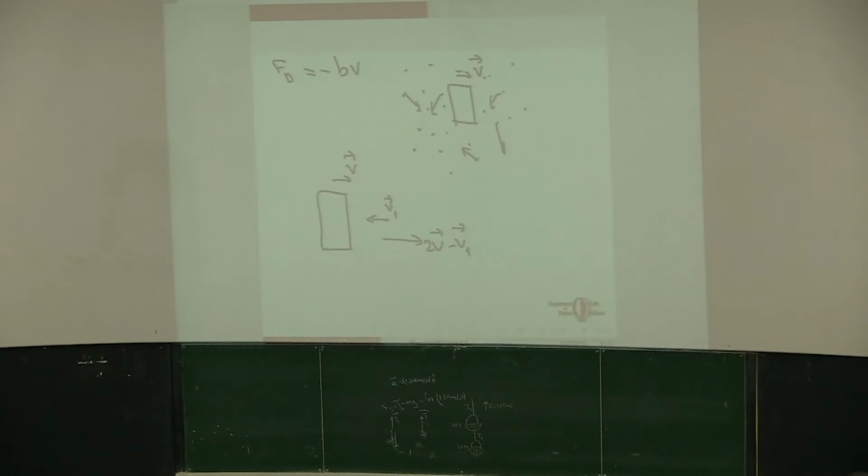So the momentum change of this v1 molecule is nothing but twice m times (v minus v1). This is the momentum change of my gas molecule. This is also the momentum transferred to my object as it collides.